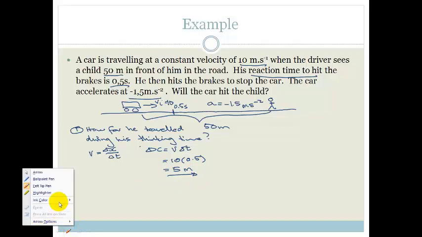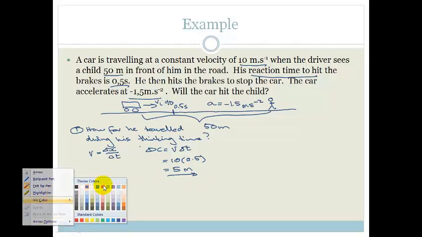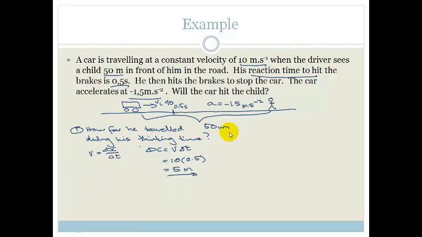Now, and I'm changing color so you can see which part of the question I'm doing. Now we need to know when he starts braking, how much distance does he have. He's already used up 5 meters. We need to see how much he's going to use. So, initial velocity is still 10 because he only starts braking now.